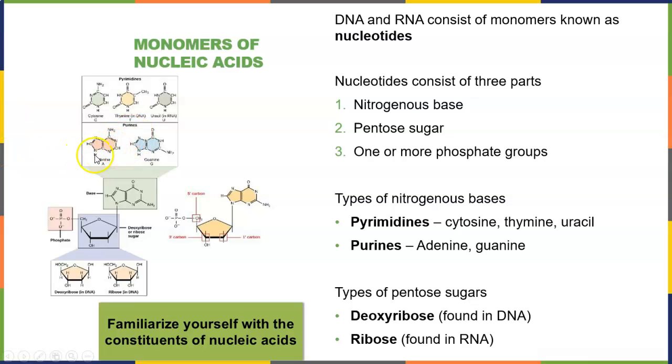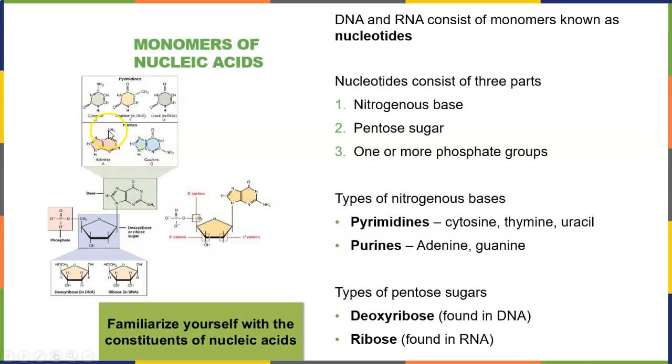The purines, notice that they have this double ring structure. There are two of them, adenine and guanine. Now, these are nitrogen bases. If you can see the slide well enough, you'll notice that there's nitrogen found in every single one of these. So it's not just carbon and hydrogen and oxygen.